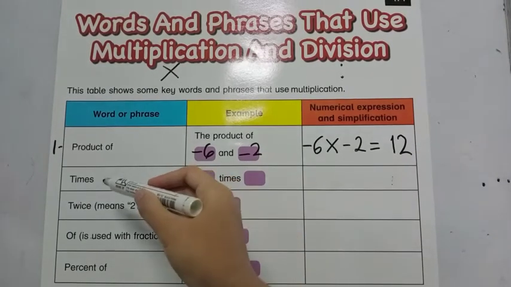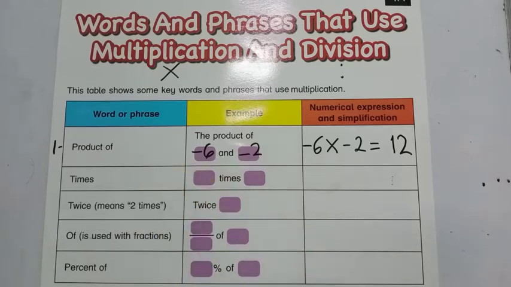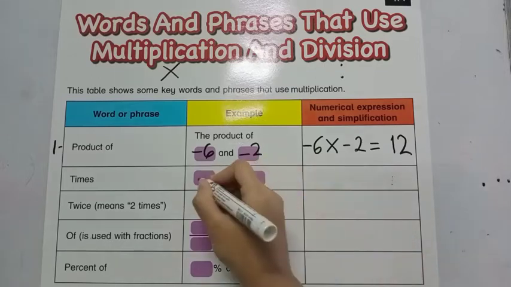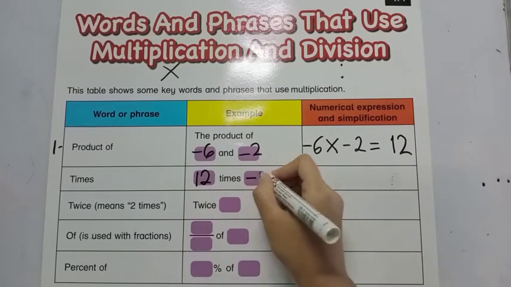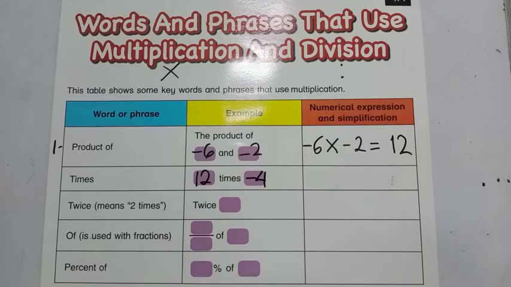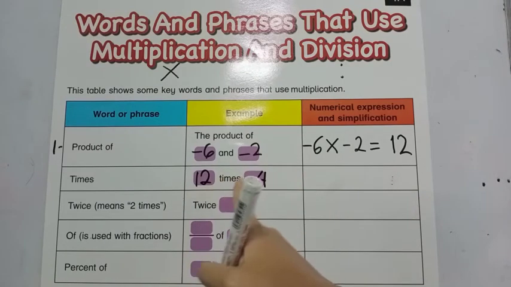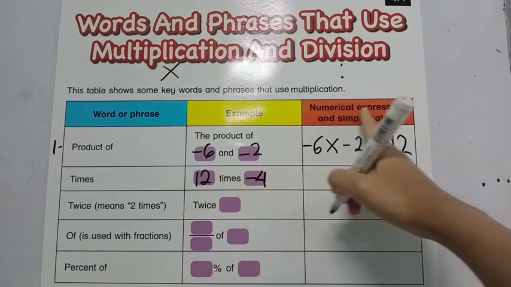The second phrase is times. For example, from the textbook, 12 times -4. How to write this example in numerical expression?